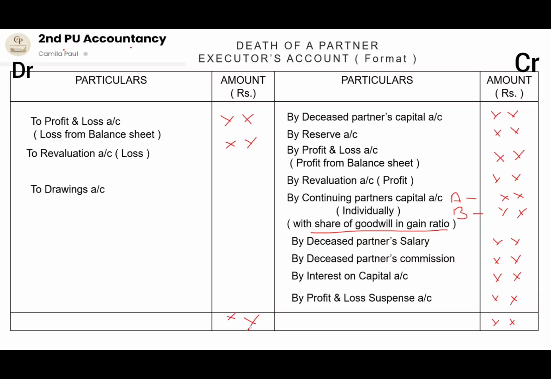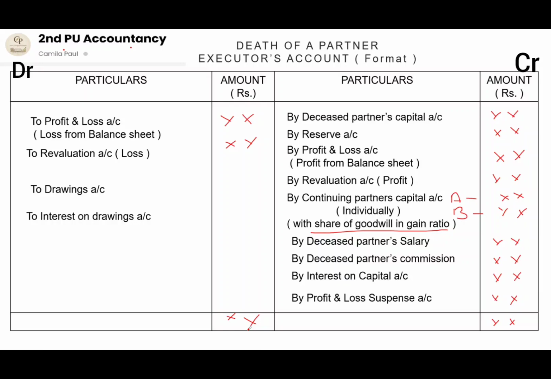And if there is any drawings made by the partner, it has to be recorded on the debit side of the executor's account, the drawings made by the deceased partner. And if there is any interest on drawings, it is also shown on the debit side of the executor's account, the drawings made by the deceased partner up to the date of death.